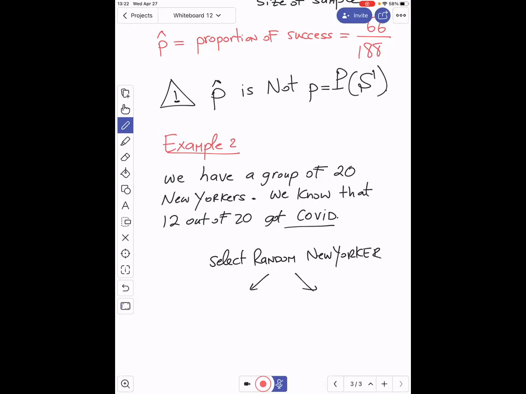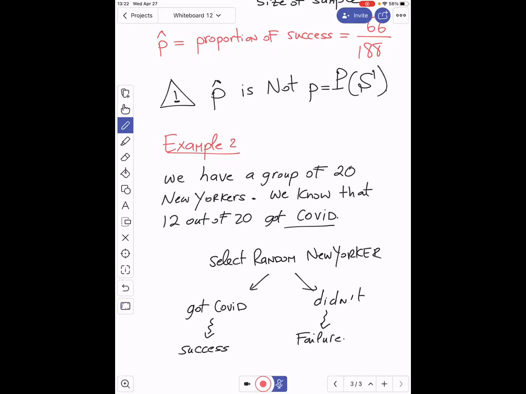So either the person got COVID, and that would be a success, or the New Yorker didn't get COVID, and that would be a failure.